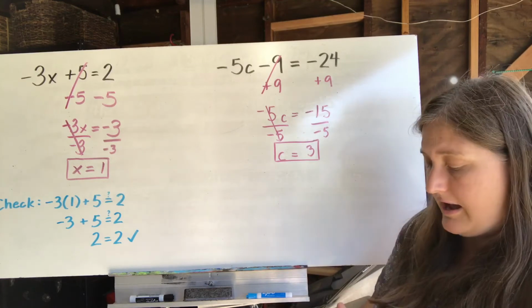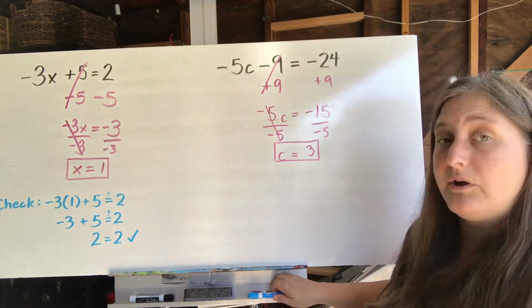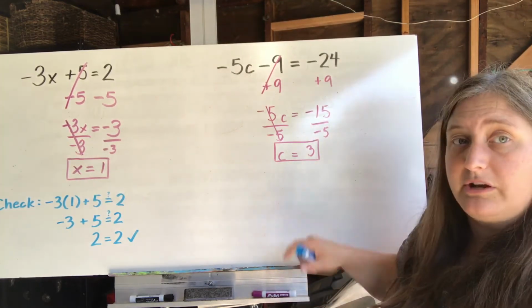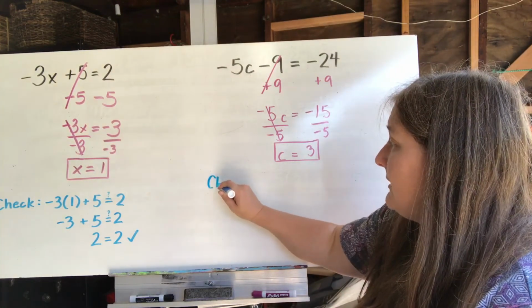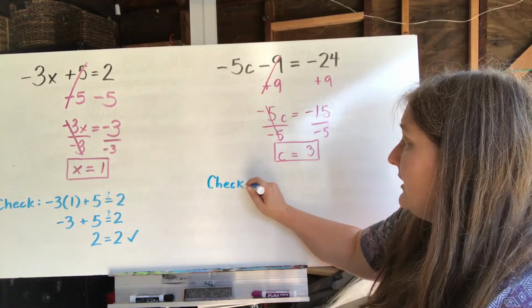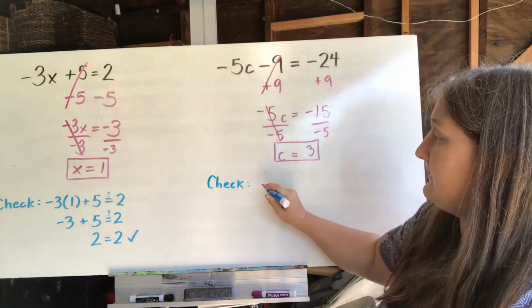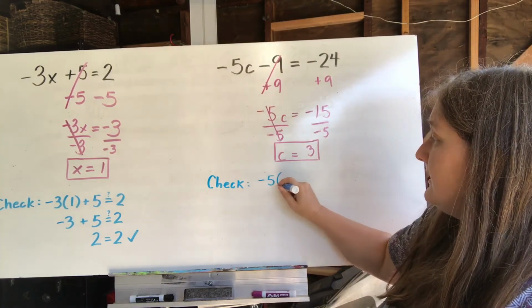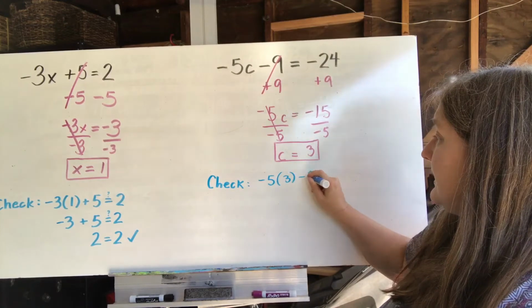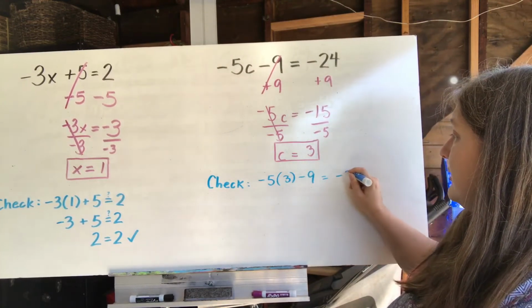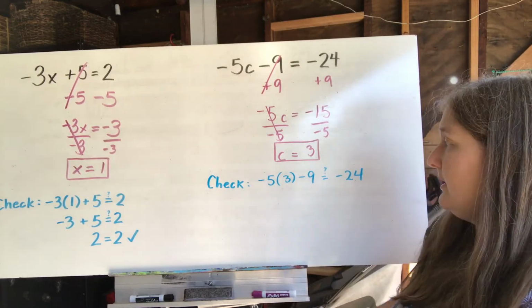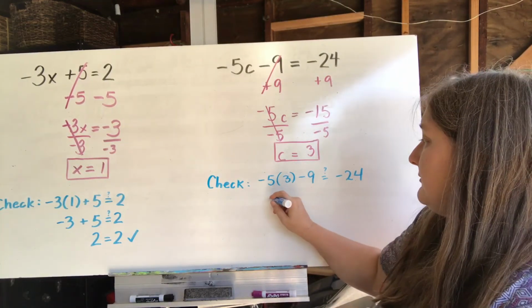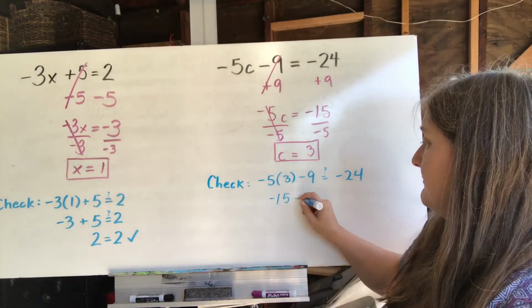But before I move on, I'm going to check this solution and make sure that it actually works. So in order to do my check, I'm going to plug 3 in place of my c. So negative 5 times 3 minus 9, hoping for an answer of negative 24. This is the answer I'm hoping for. Negative 5 times 3 gives me negative 15 minus 9.